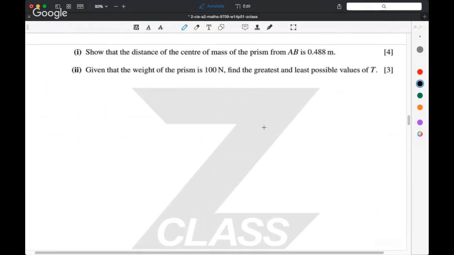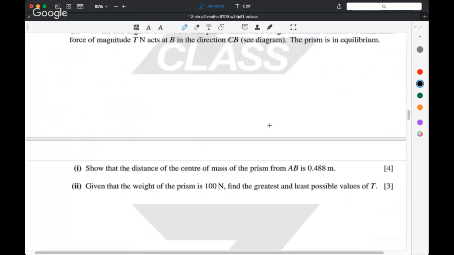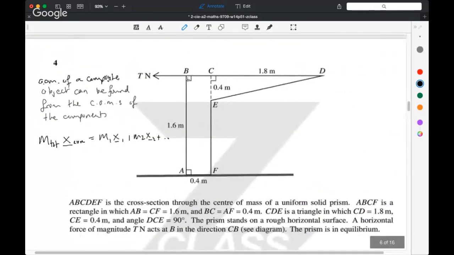So we're going to throw away the y bit, and we're just going to look at the x. And our 0 is going to be this line AB. Well, where's the center of mass of the rectangle? We know it's going to be right in the center there, right? So it's going to be 0.2 away.